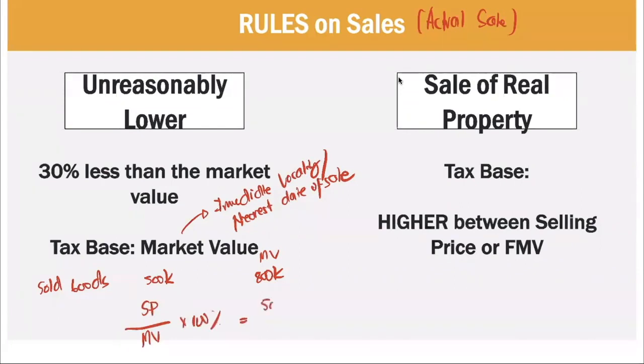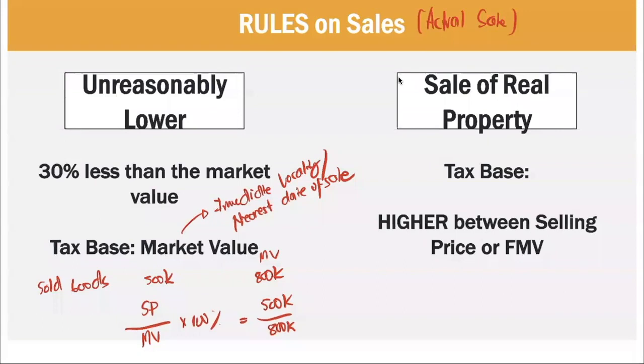So we have here a sales price of 500,000 and a market value of 800,000 pesos. Let's look if it is based on a discount of 30%.